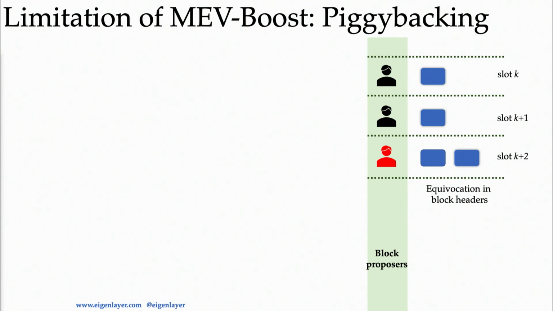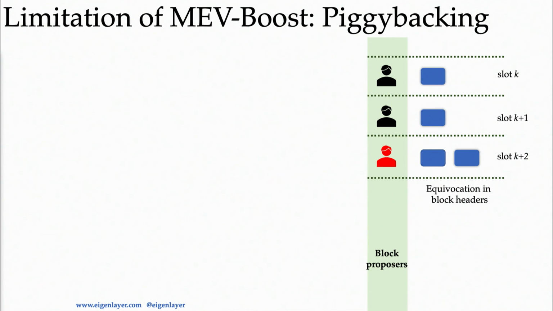So the whole MEV Boost architecture had to work very hard to shoehorn itself into the one slashing condition available. If you double sign a header, you will be slashed. That's the root of trust that MEV Boost is piggybacking off of.